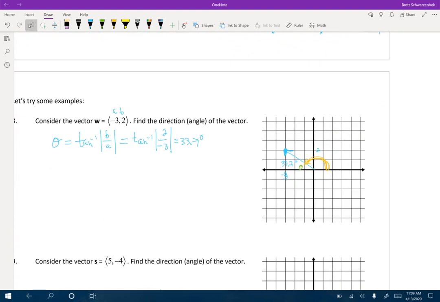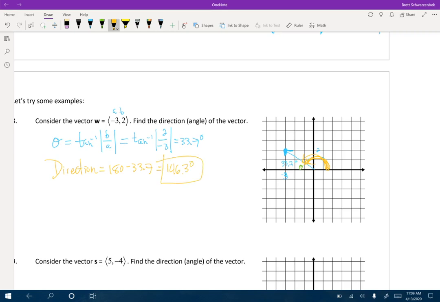You could just simply draw it and know that when you look at this orange angle right here, the only way to find it is to do 180 minus 33.7, and you're done. So the direction is 180 minus 33.7, which is 146.3 degrees. So we have our direction for our vector.